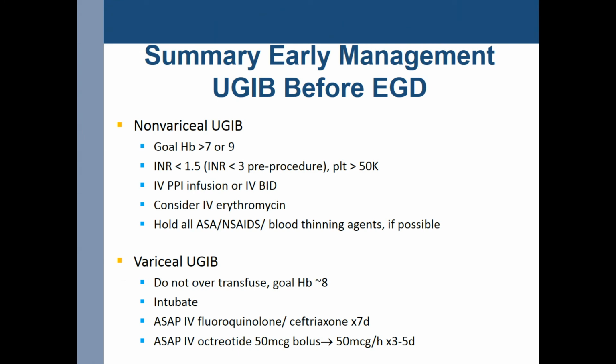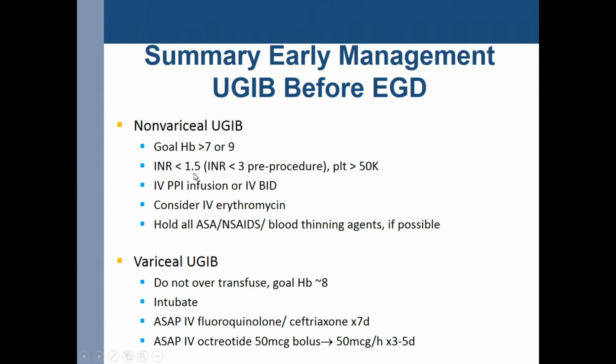So to summarize, the early management of upper GI bleed before EGD in somebody who's having non-variceal upper GI bleed: the goal hemoglobin should be at least 7, or 9 in somebody who you're worried could have some events from having severe anemia.